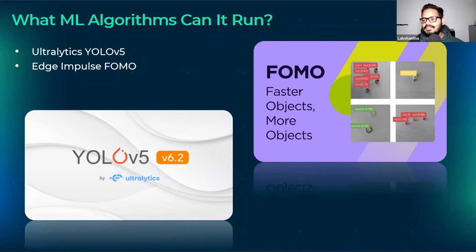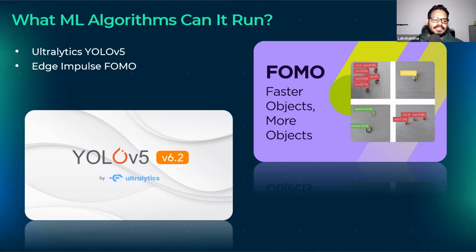Now we have partnered with Edge Impulse to bring their latest FOMO object detection algorithm to the Grove Vision AI. That is what we have been working on with Edge Impulse together.